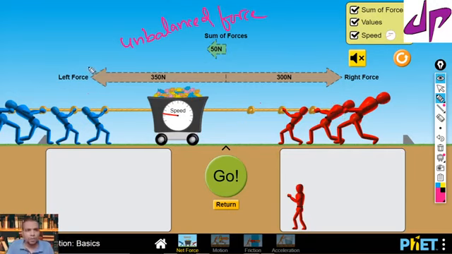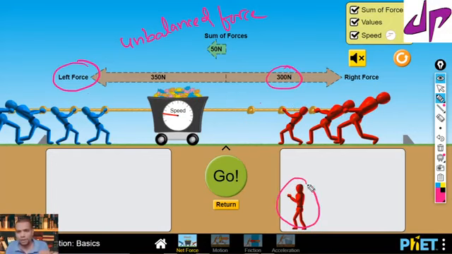On my left side, more force is there, and the right side force became less, because I pulled one person out of the team. So obviously the left side force is more, and the cart will move to the left side, because the force here is unbalanced. So this is all about balanced and unbalanced force.